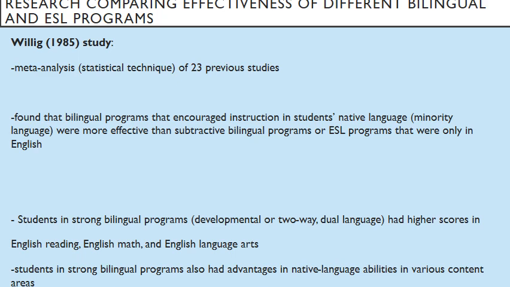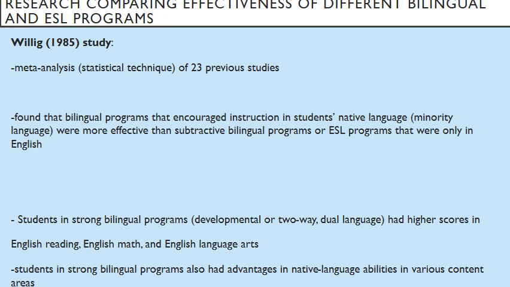So students in those strong bilingual programs where they had significant amounts of proficiency in their native language, such as developmental or two-way dual language programs, had higher scores in English reading, English math, and English language arts. They also had advantages because they scored well on native language tests as well on those different content areas.